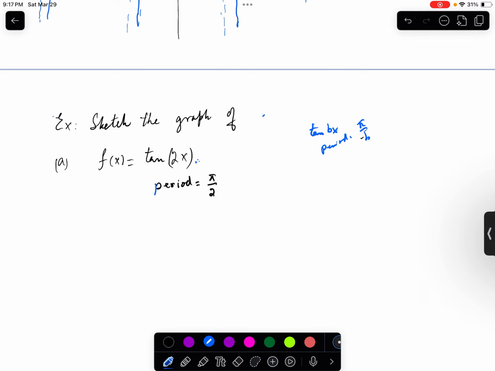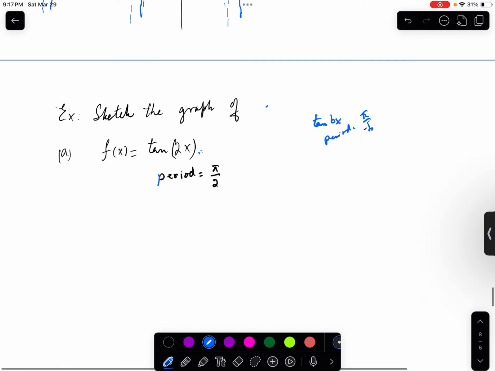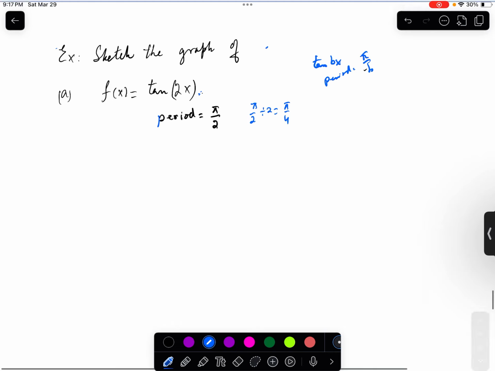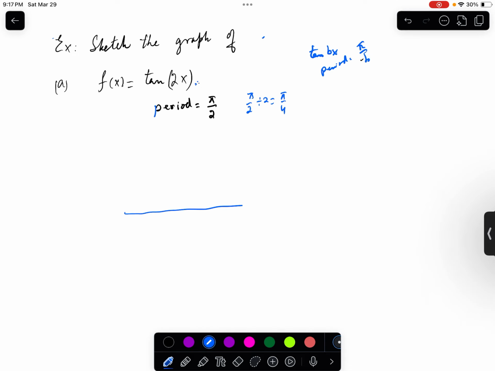So this is what you will do. You will divide pi over 2 by 2. It gives you pi over 4. So now take a big enough space, and this is pi over 4. This is negative pi over 4.